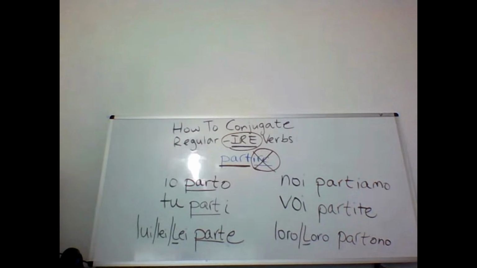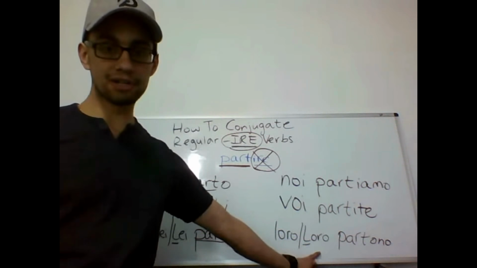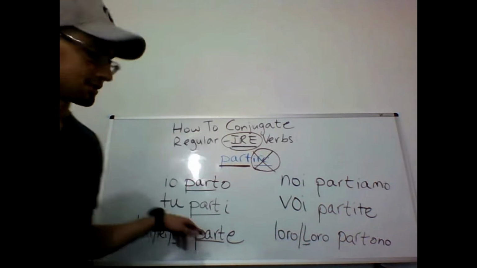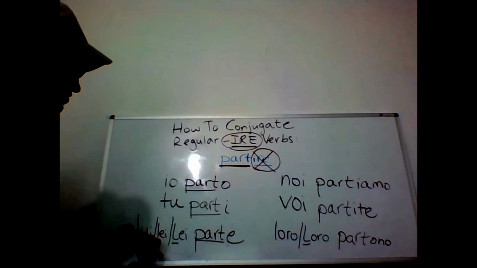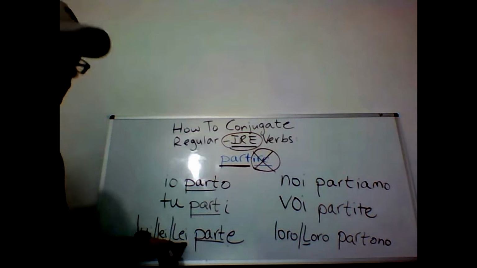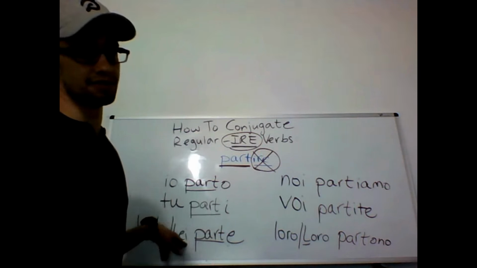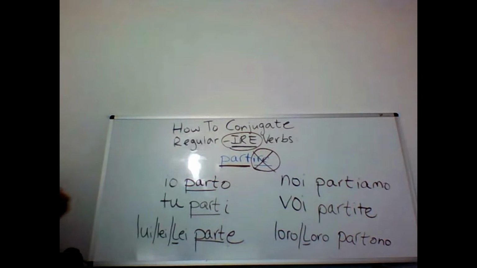Partono. They leave. You all polite leave. And I know I didn't do lui, lei, so I'm about to do that for you right now. He leaves, she leaves, or you polite leave, or leaves. Either or, it's interchangeable. So boom, that's that.